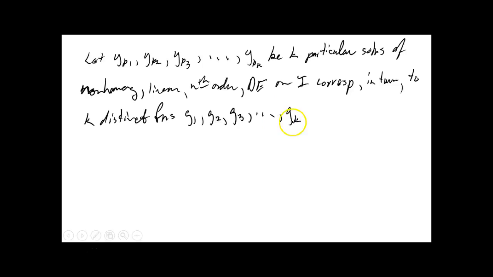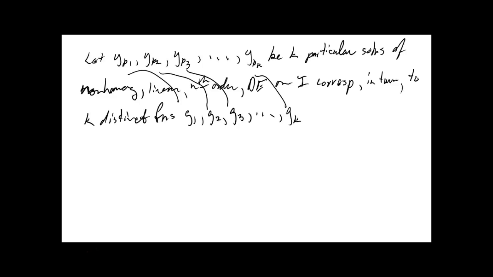Now, the y sub p1 satisfies that one, y sub p2 satisfies that one, y sub p3 satisfies that one, all the way up there. That is, suppose y sub p i denotes a particular solution for the G sub i x, where i is 1 to k.